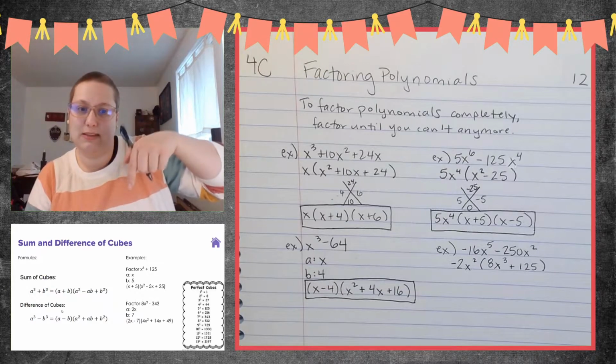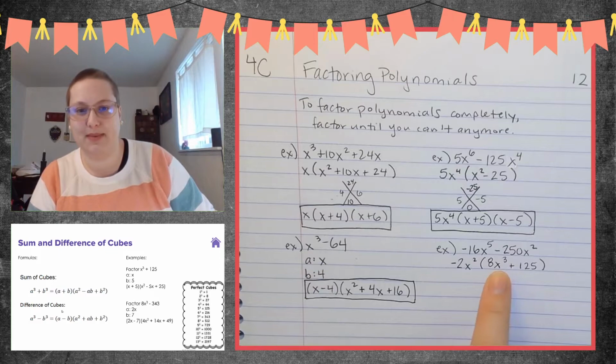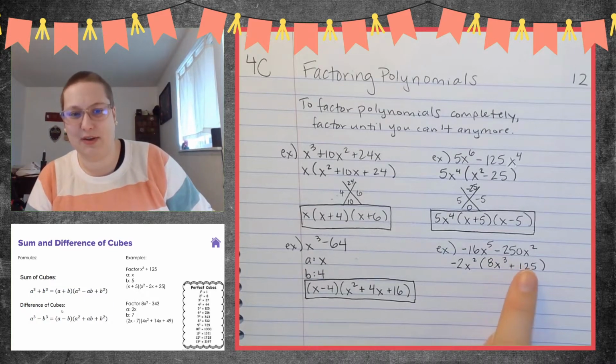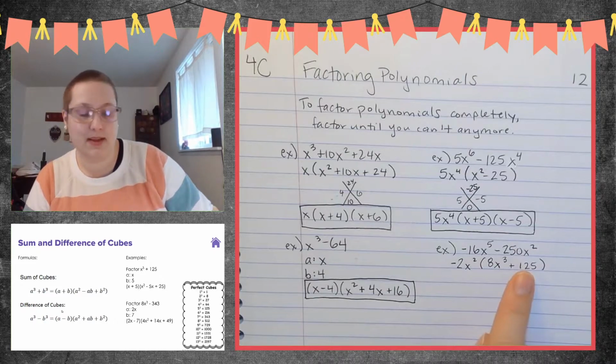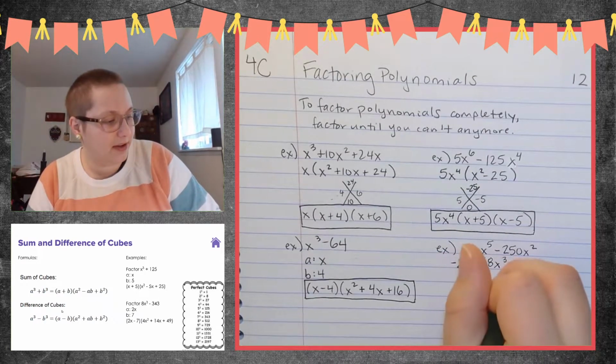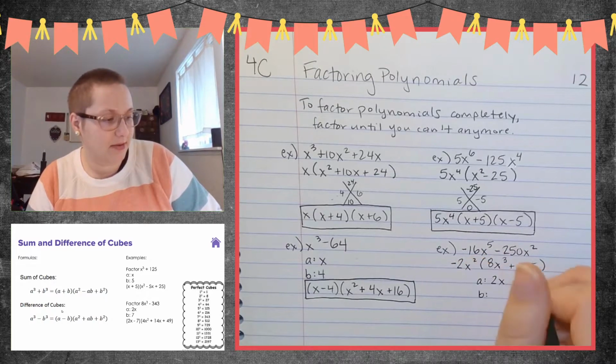I'm going to look at my sum and difference of cubes formula and see what I got. This is a sum of cubes. You can tell because it's x cubed and then nothing over here, but let's talk about this. 8 is on my list. 8 is 2 cubed. And 125 is on my list. That's 5 cubed. So my a value is going to be 2x, and my b value is going to be 5.